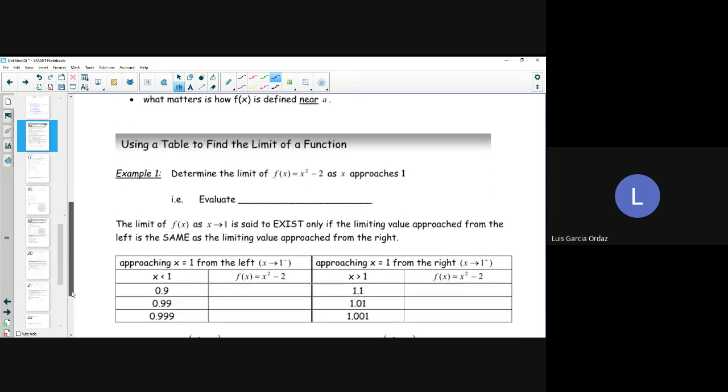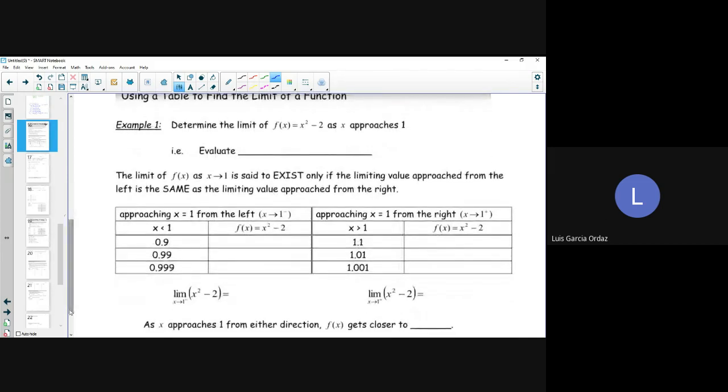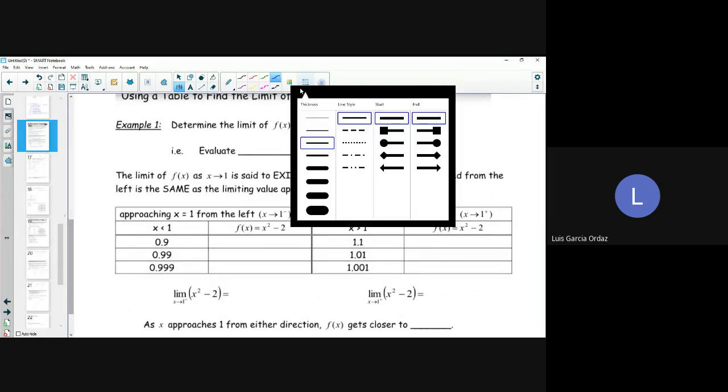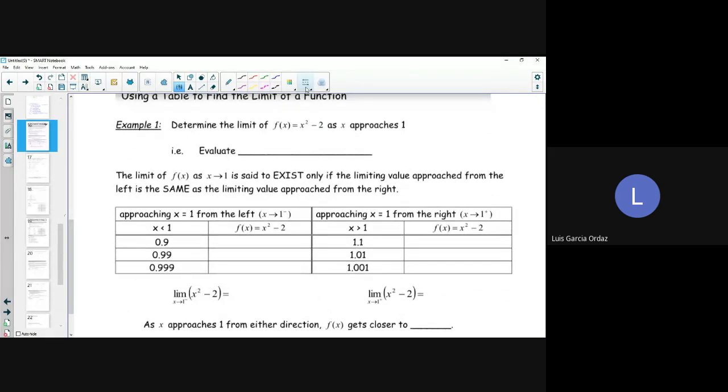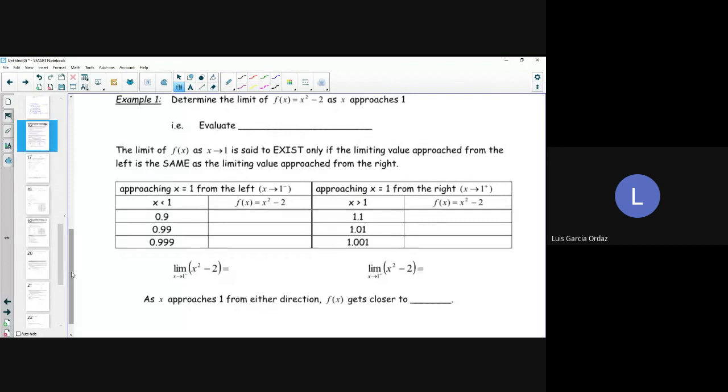So we've done this before, where we've used a table of values to figure out what the limit of the function is. We're just going to go over that briefly. We're going to determine the limit of the function f of x equals x squared minus 2 as x approaches a value of 1. So we're going to evaluate the limit as x approaches 1 for f of x.